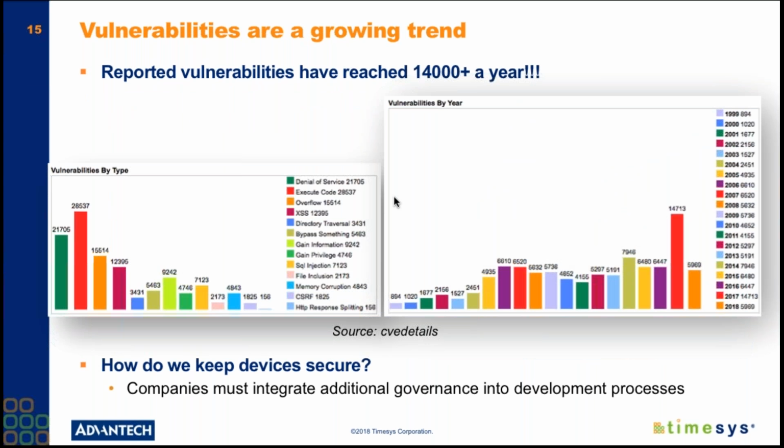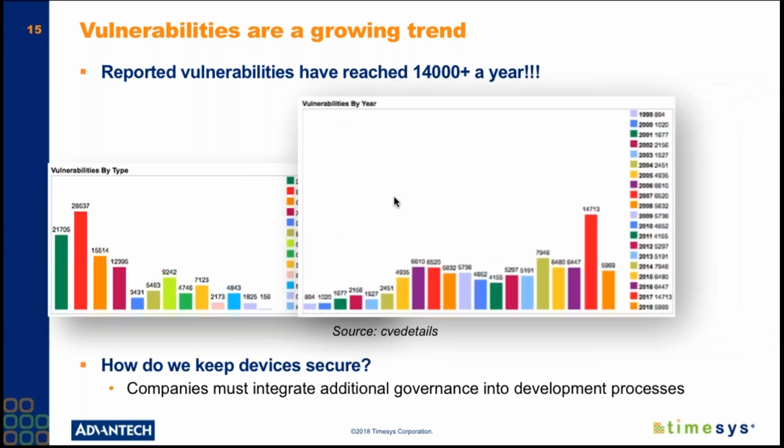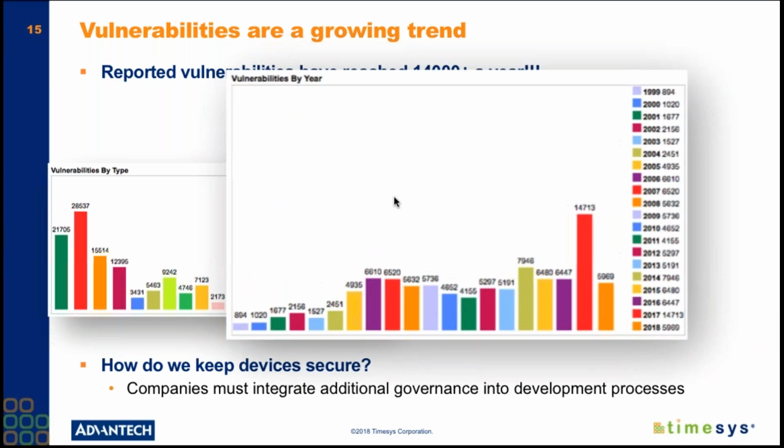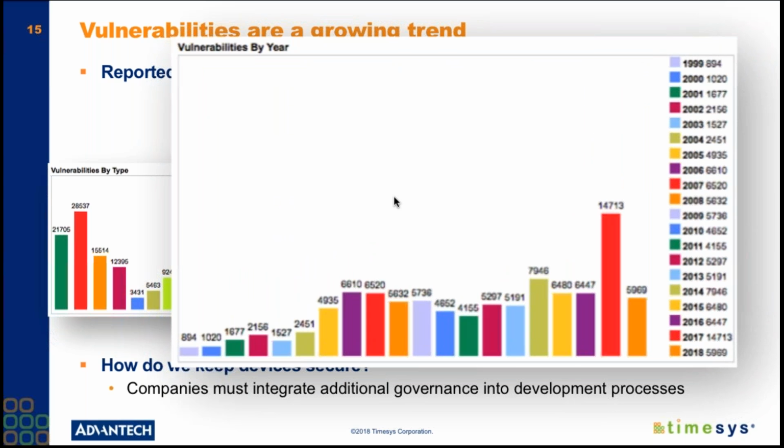So when we talk about vulnerabilities, is it a big issue? Well, I looked at some of the statistics, and what struck me is that last year, and let me bring up this one graph here up front, in 2017, there was over 14,000 vulnerabilities reported.